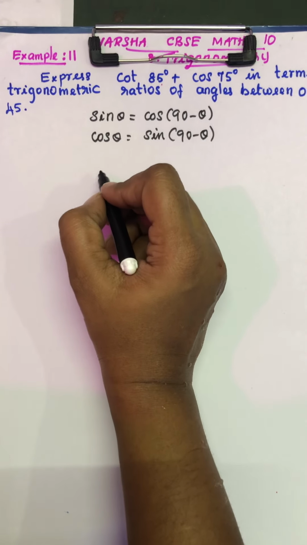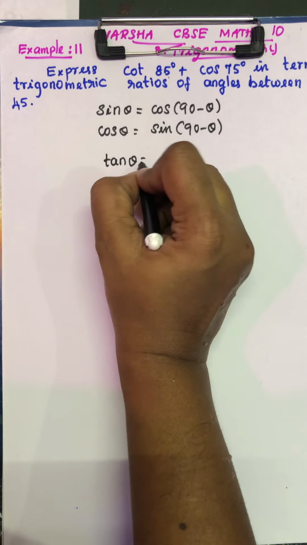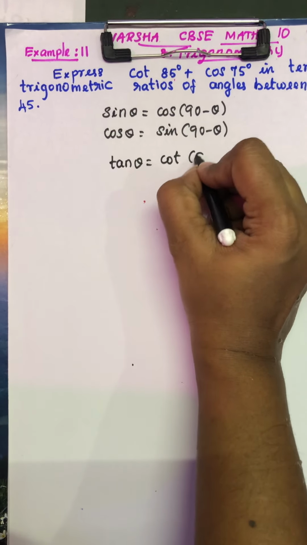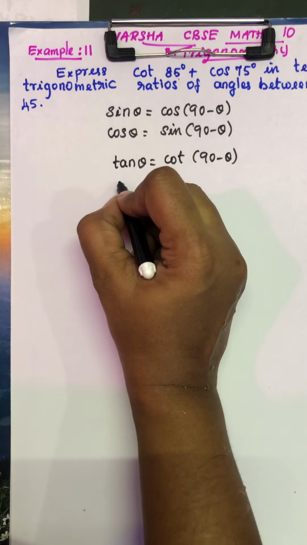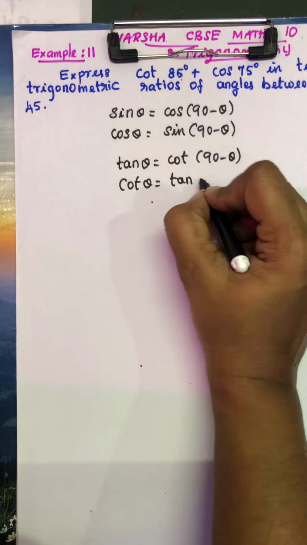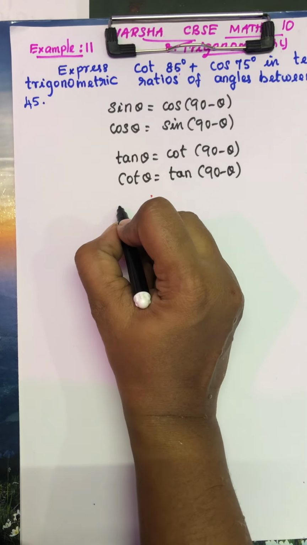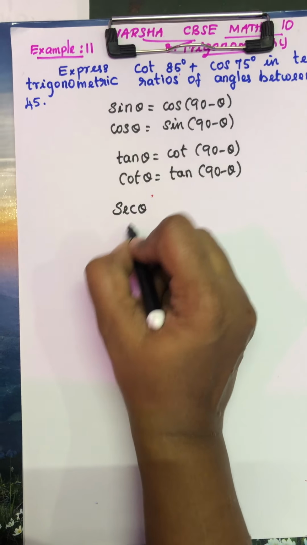Okay, so what is the next one? That is tan theta is equal to cot 90 minus theta and cot theta is equal to tan 90 minus theta. Okay, now what are the remaining? That is secant and cosecant.